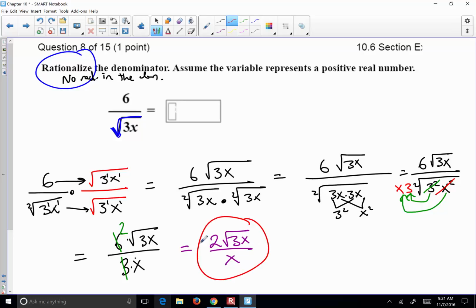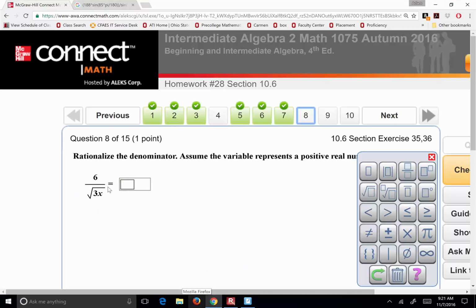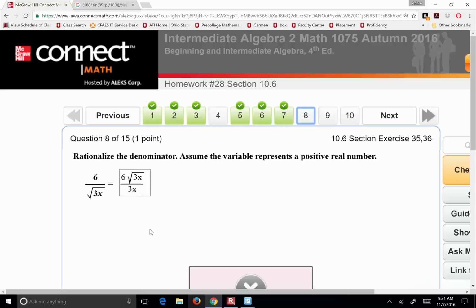I want you to substitute, but I'm just curious if the earlier result was accepted or not. It shouldn't be accepted, to be honest. So it is 6 on the top, radical 3x, and bottom 3x, right? Yeah, good.